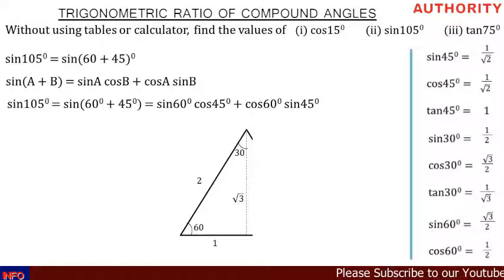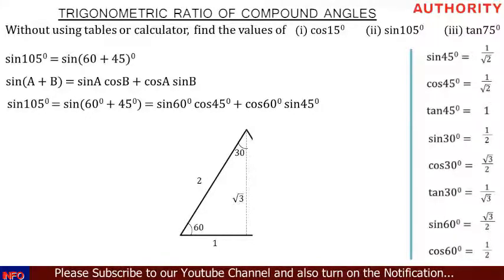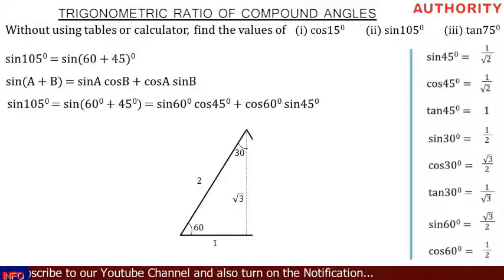When we say cos 60, we see that cos 60 is equal to 1 all over 2, that is adjacent all over hypotenuse, where adjacent is 1 and hypotenuse is 2.